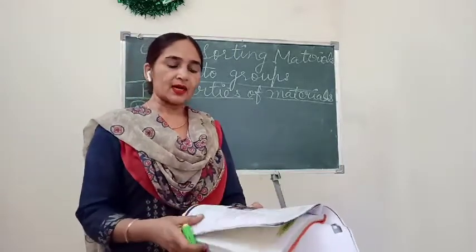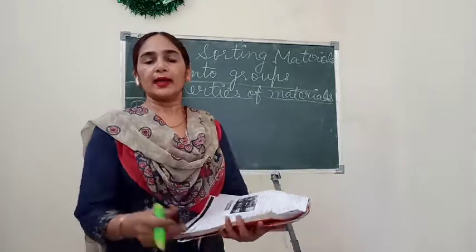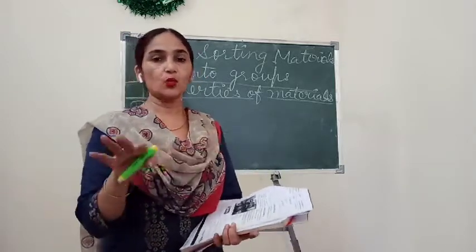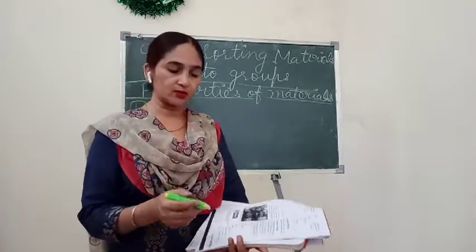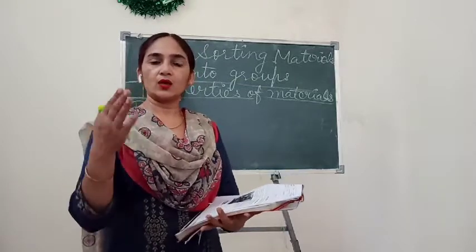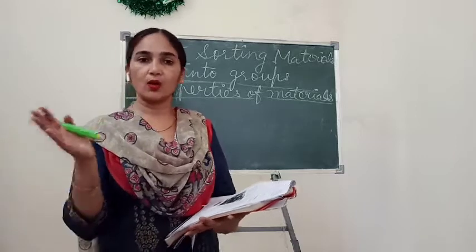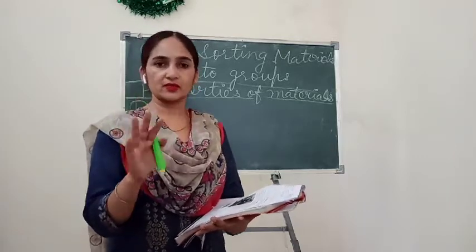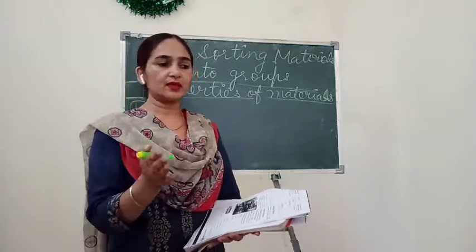First is roughness. Means on the basis of it, any material is rough or smooth, we can classify on the basis of this characteristic also. Next is luster. Luster means on the basis of shine, whether the material is shiny or not shiny. Like all the metals are lustrous, or shiny, and that's why we can say these are the metals.